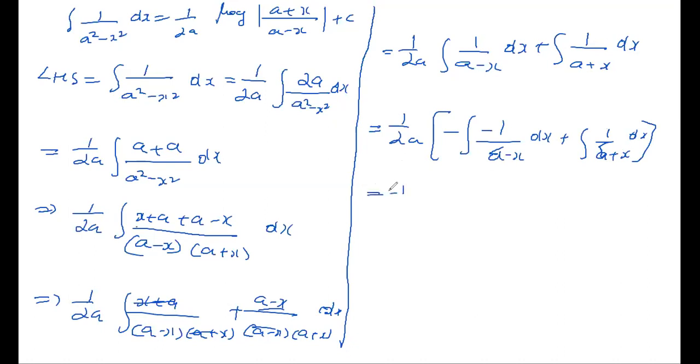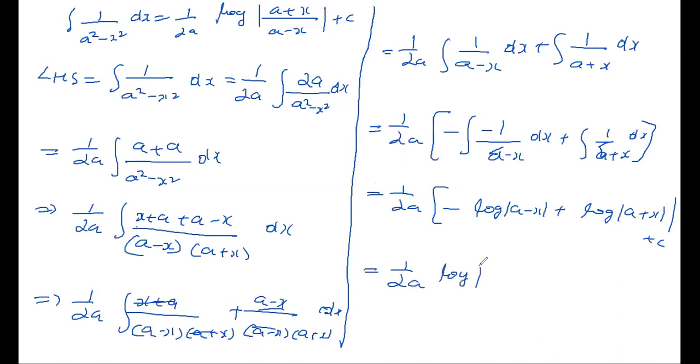It becomes 1 by 2a into minus log mod a minus x plus log a plus x. So this again is a formula: log a minus log b will be log a by b. It means 1 by 2a into log (a plus x) divided by (a minus x) plus c is the answer.